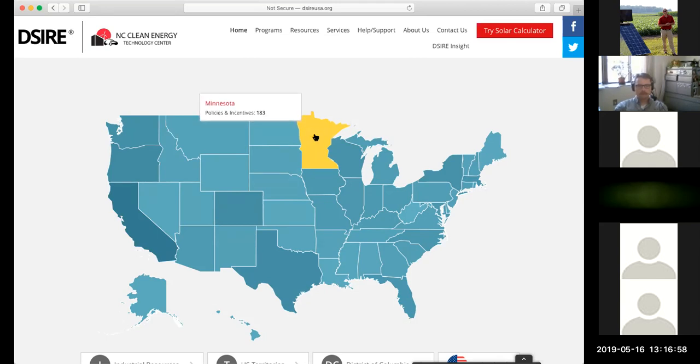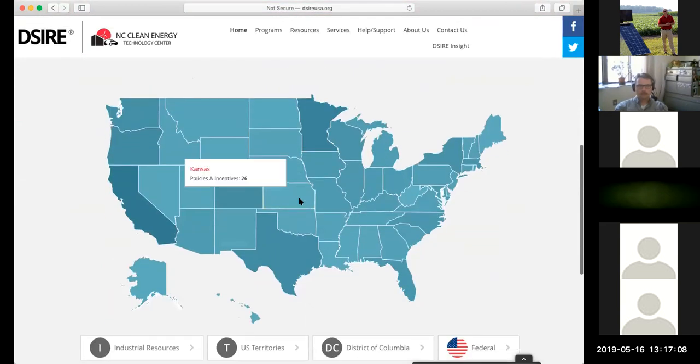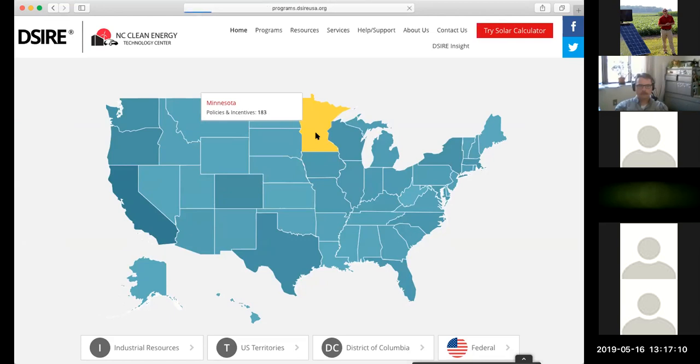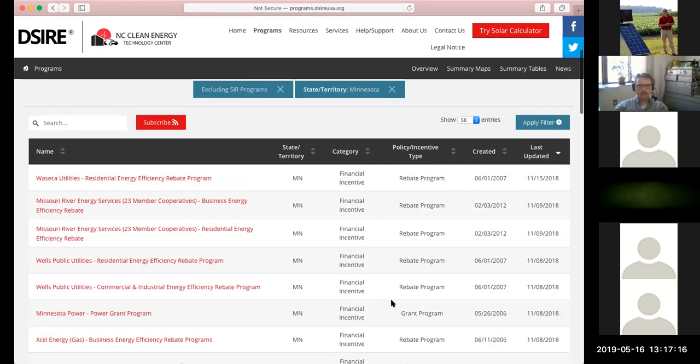So I just want to go through an example. We're going to look at Minnesota. And if we click on Minnesota, you can see here it has our filters listed, and it's going to list all these different incentive and policy programs.